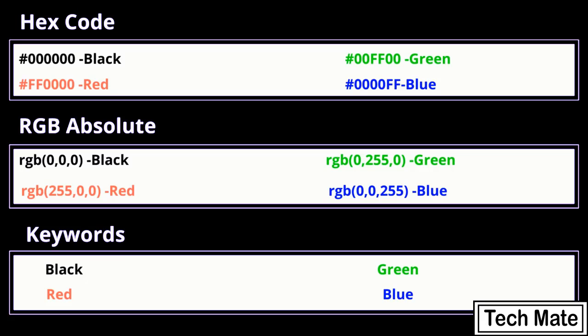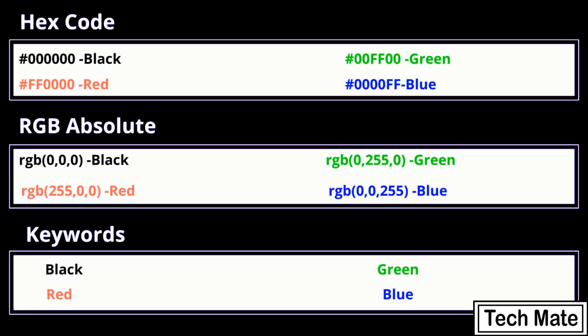The first one is the hex code, where I start with a hash and then follow it with a 6-digit value, from 0 to F. If I put 0, it means red, green and blue are all not participating, so it is going to be black. The first 2 digits are for red.